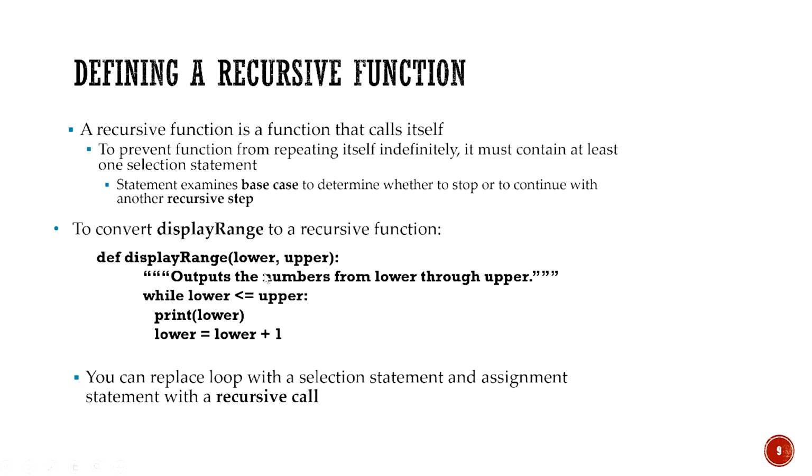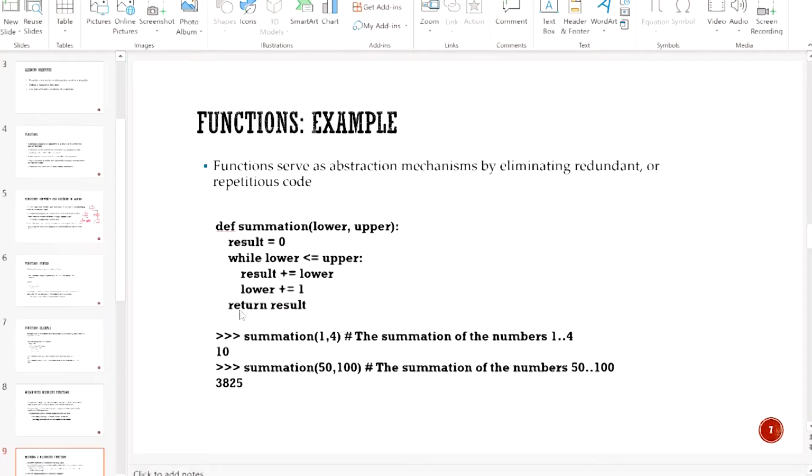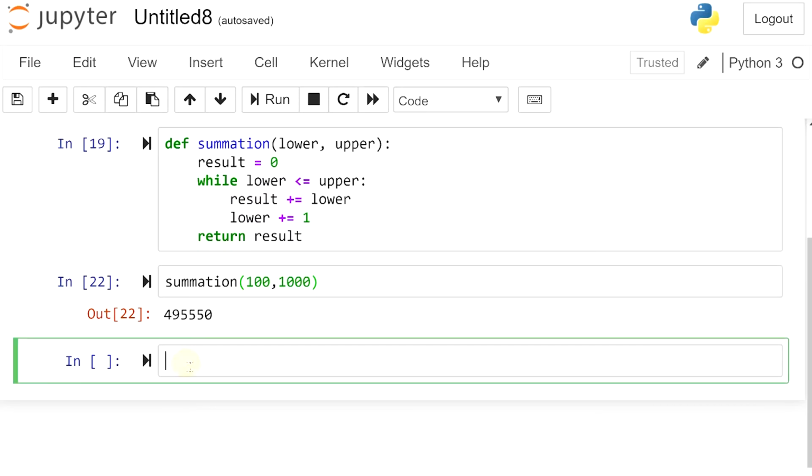But also, based on the definition of recursive function, we can use a recursive function because the recursive function can be used for iterative processes as well. So let's try to implement this with a while loop, okay, and see what the results look like. So I define a function, we name it display range. Lower and upper are two input arguments, colon.